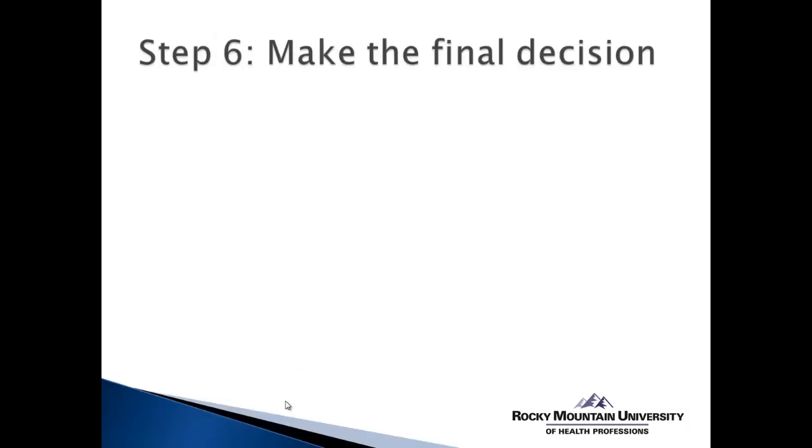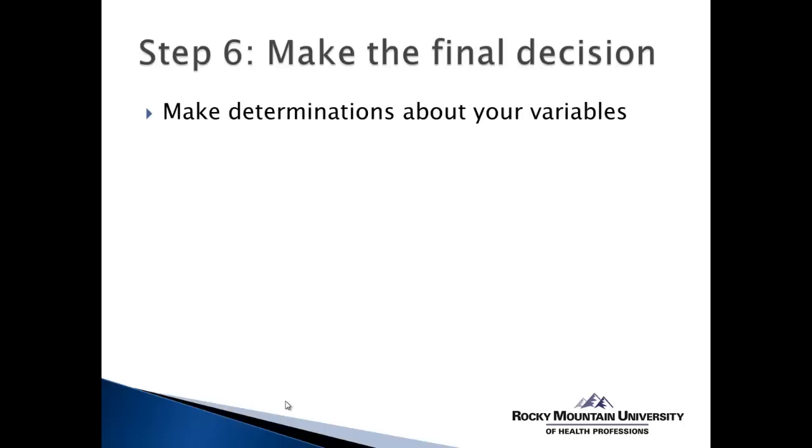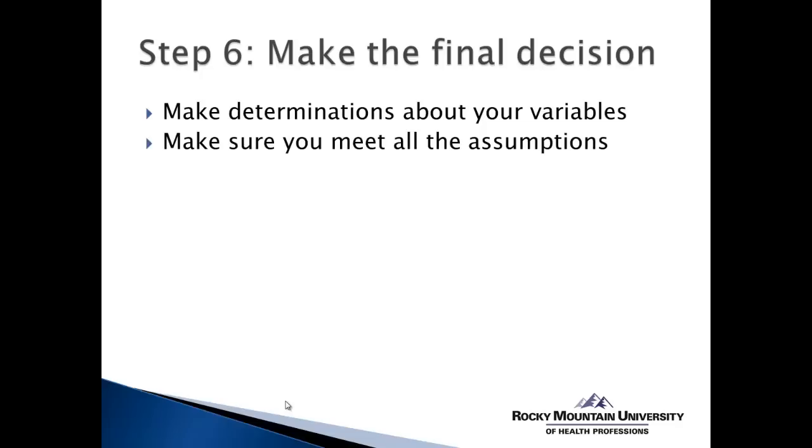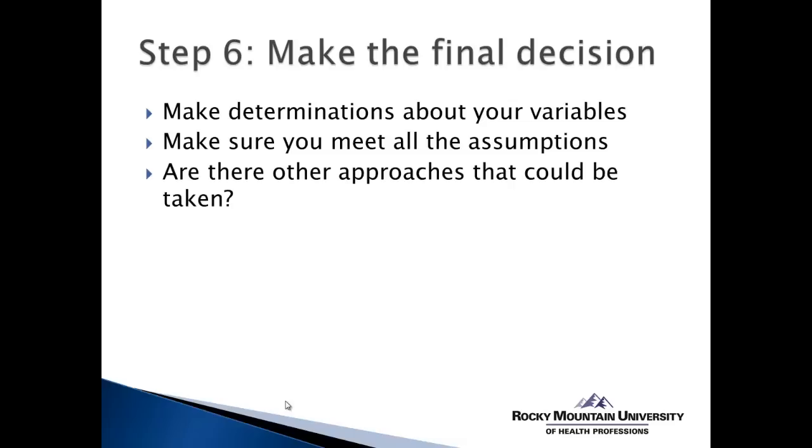Okay, your sixth and final step is to go ahead and make that final decision as far as what your analysis technique is going to be. And so again, to summarize, we're making determinations about the variables. You've identified what type of research question you have. We make sure we meet all the assumptions that are present for each of the different techniques that we might be considering.